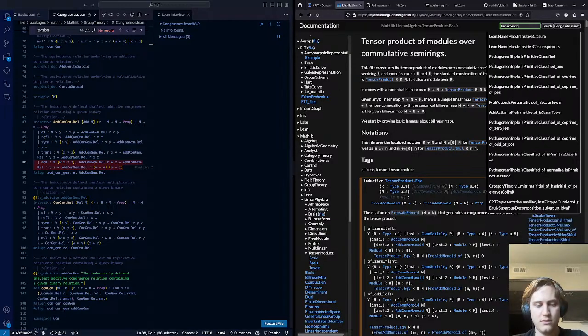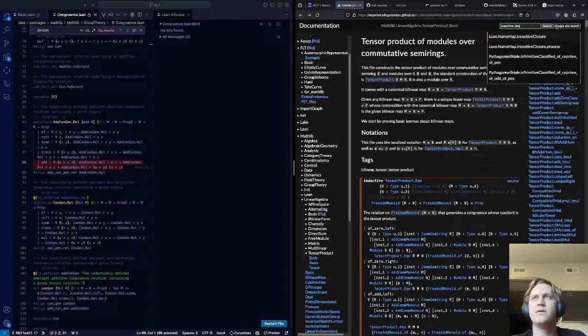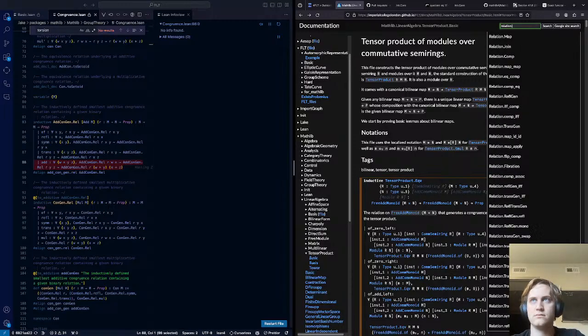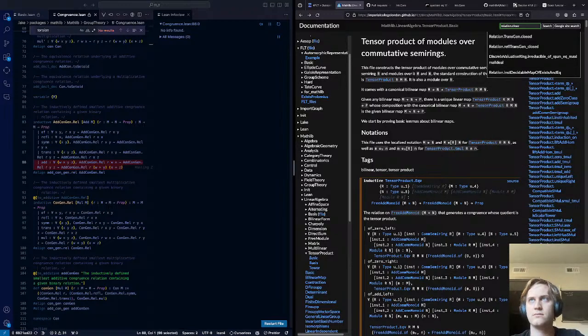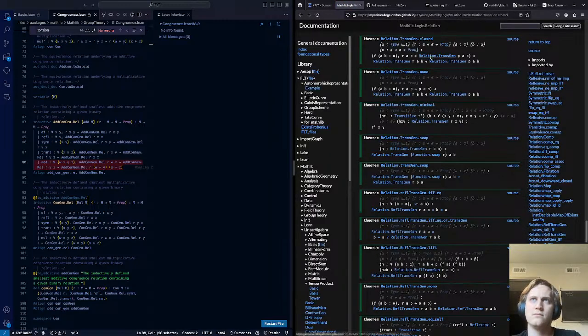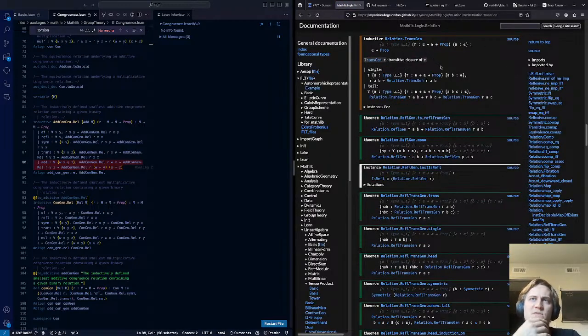Transitive closure. So this is the transitive closure.